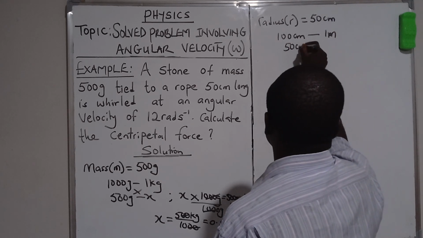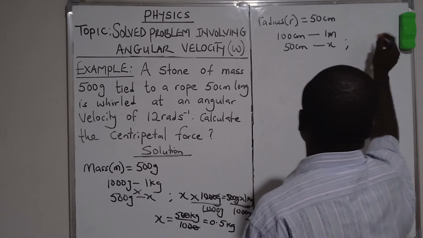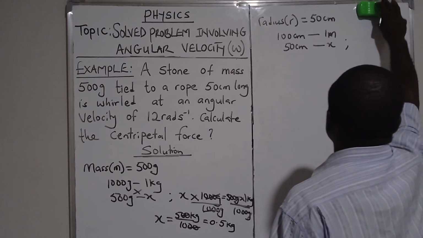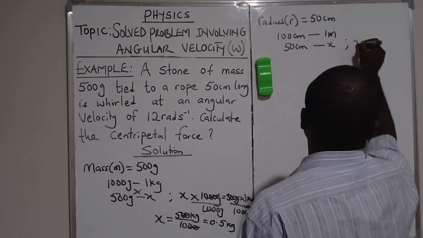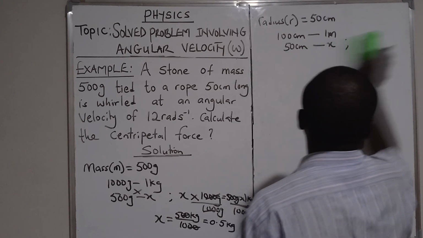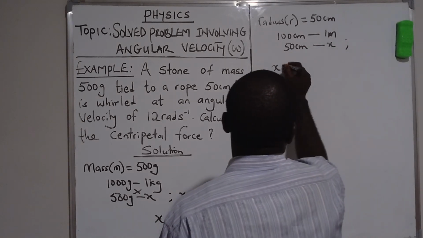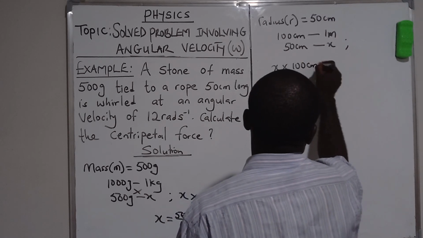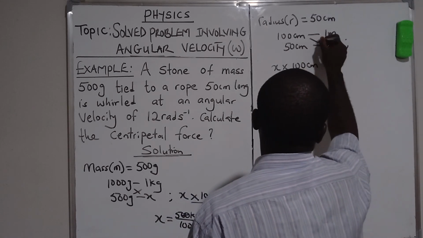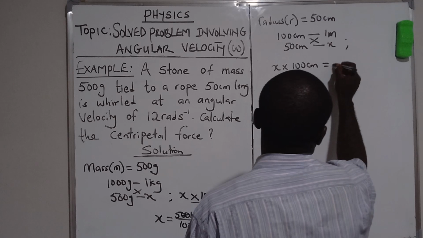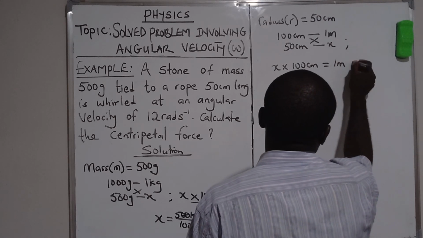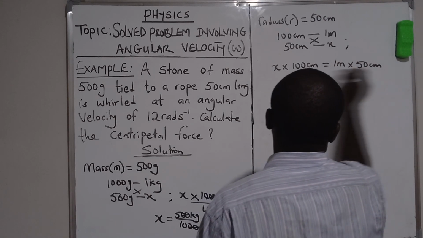Now 50 centimeter to X. X times 100 centimeter equals 1 meter times 50 centimeter.